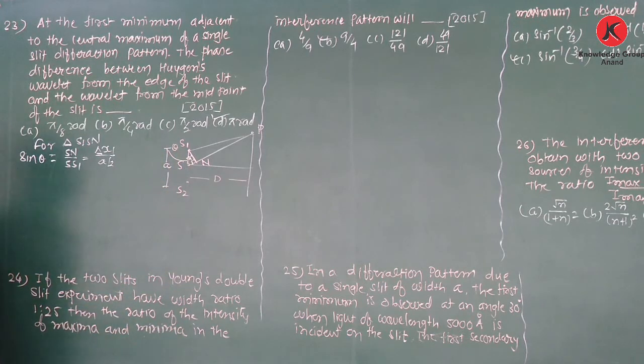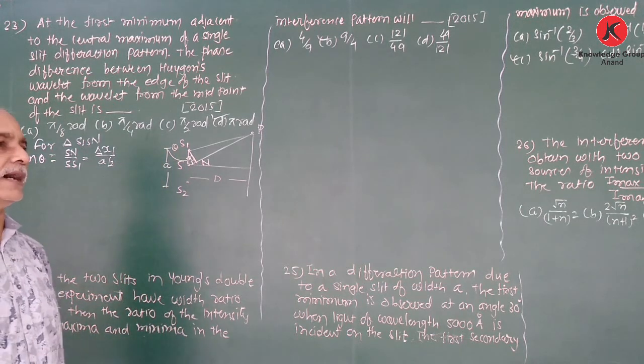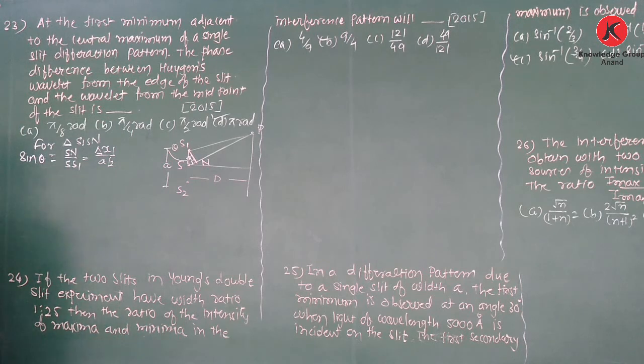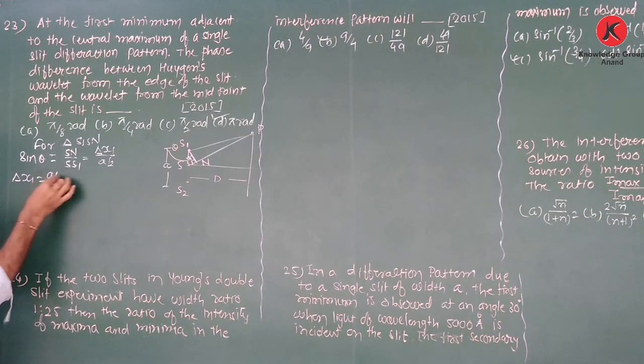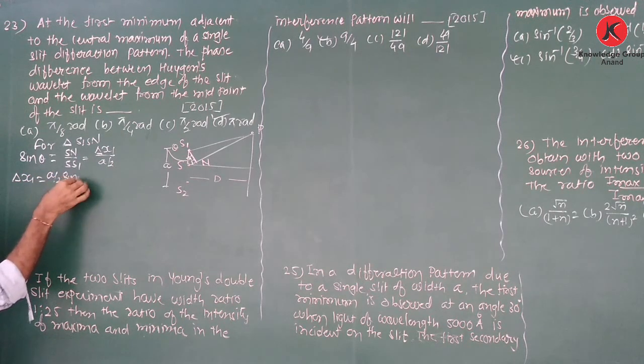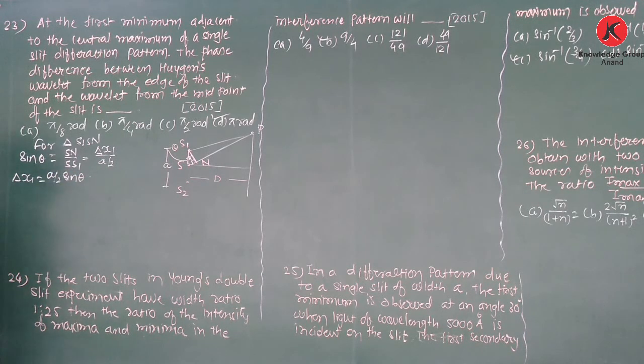So here S S1 is the half distance, that is a by 2. Clear? Therefore, delta x1 is equal to a by 2 sin theta.